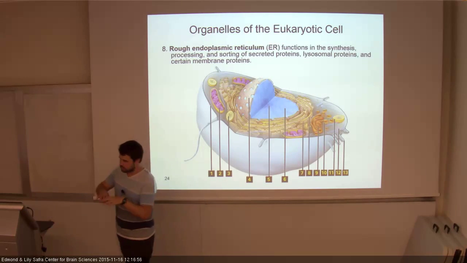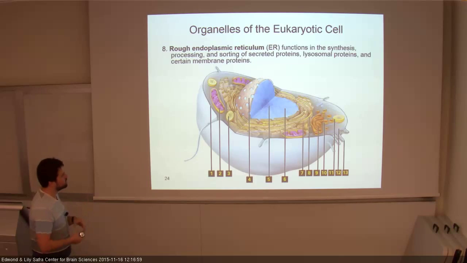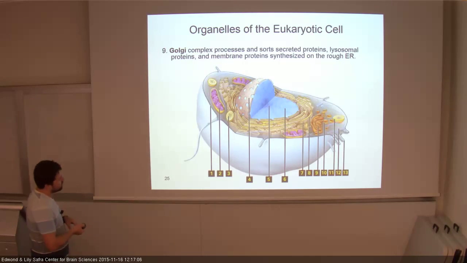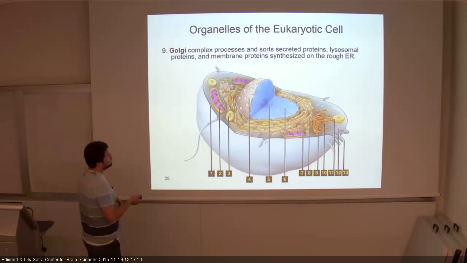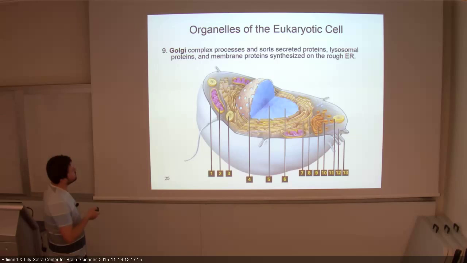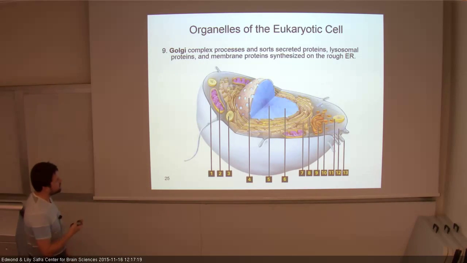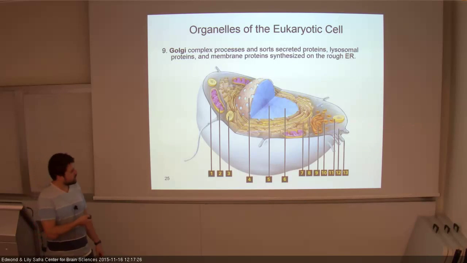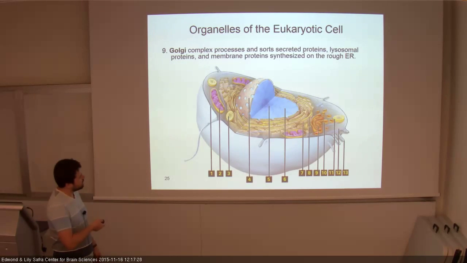Then a vesicle is formed, and this vesicle is later shipped to a very unique organelle called the Golgi complex. This complex receives and sorts proteins that need to be secreted outside the cell or embedded into the membrane, and certain lipids are also synthesized inside the Golgi complex.